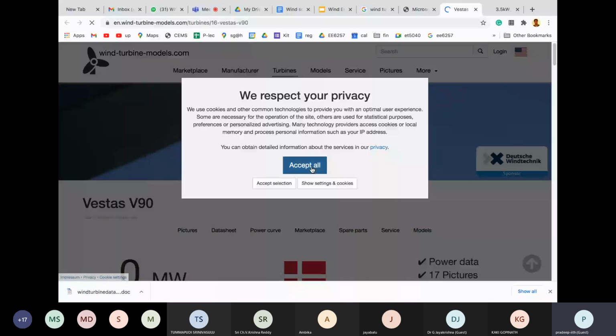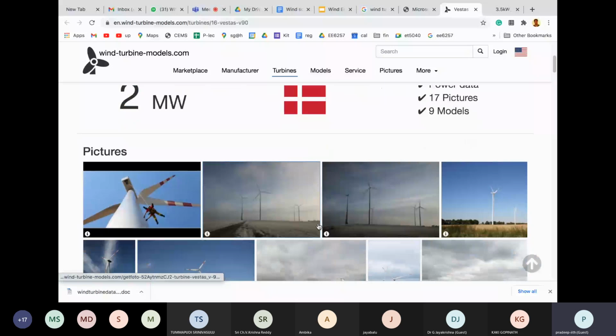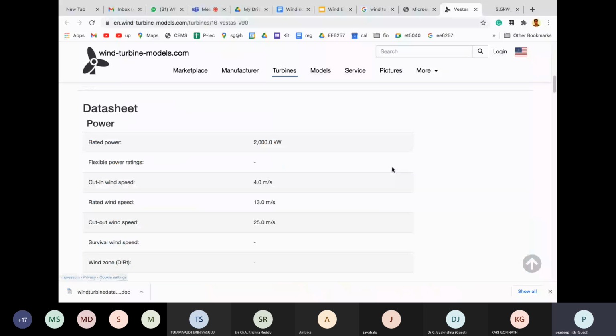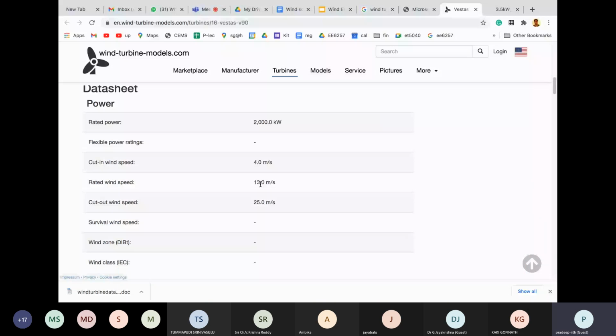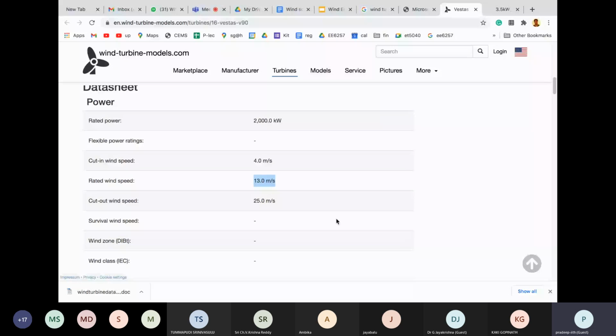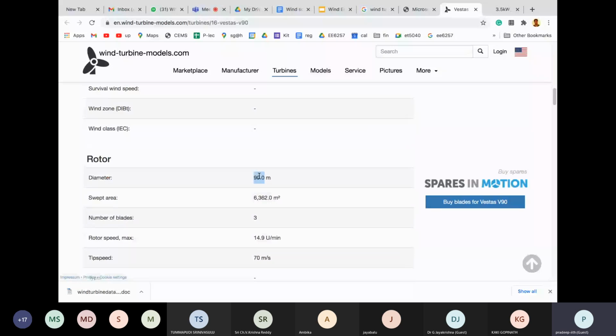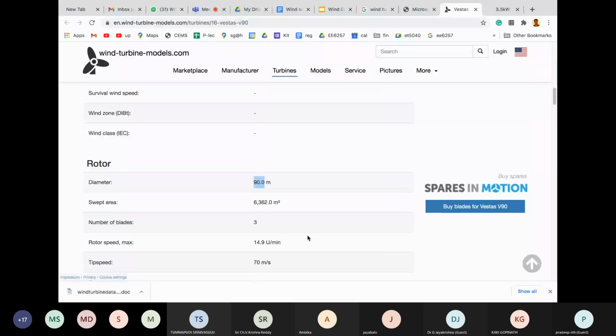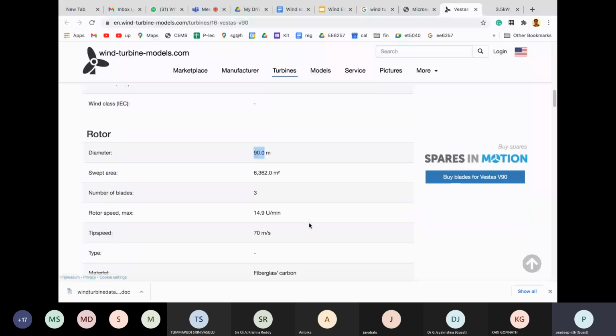Although it says 2 comma, it's actually 2 megawatt. Again, the rated speed is same, 13 meters per second, but the diameter might be smaller. So the rotor diameter is 90 meters.